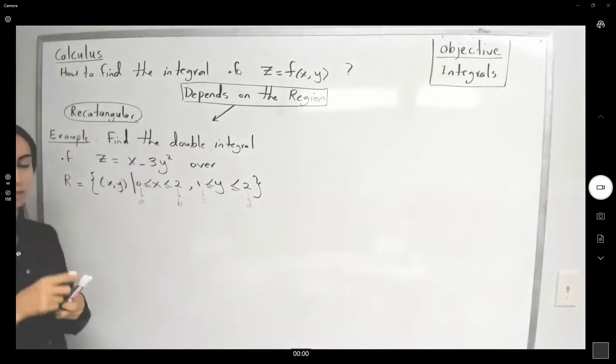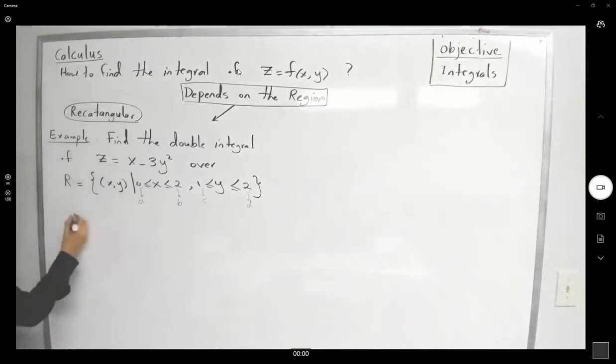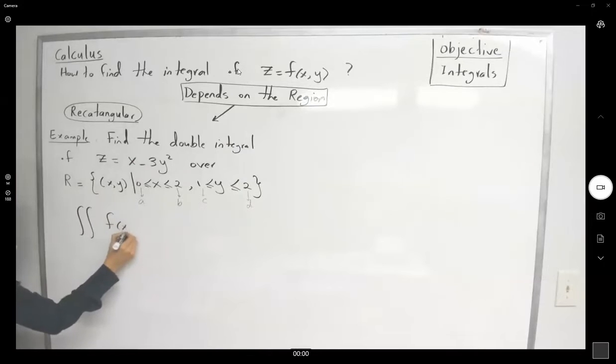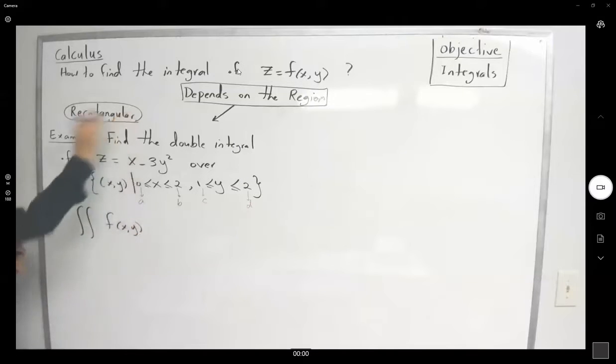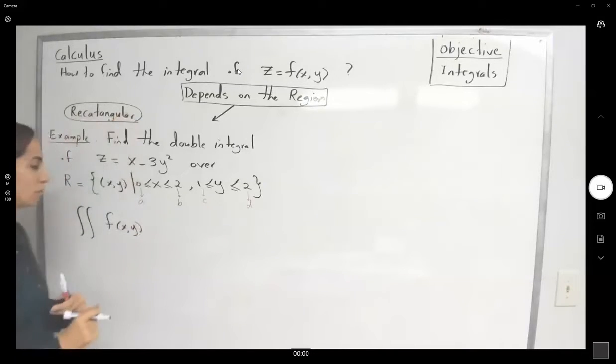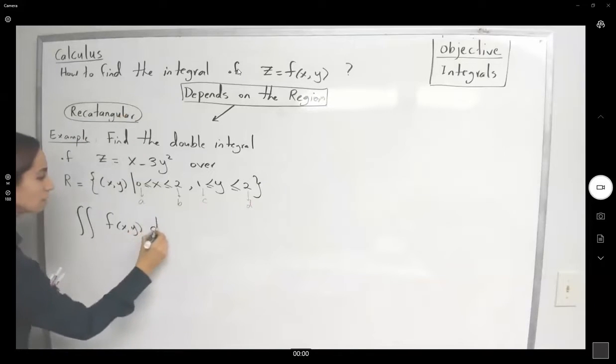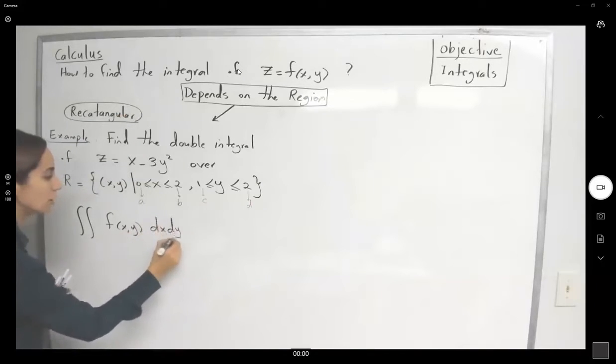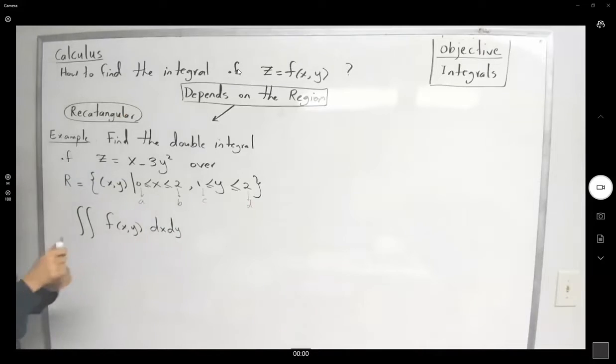Remember that the double integral of a function f of x and y over a rectangular region is defined as dx dy. It means that you can take the inner integral with respect to x.